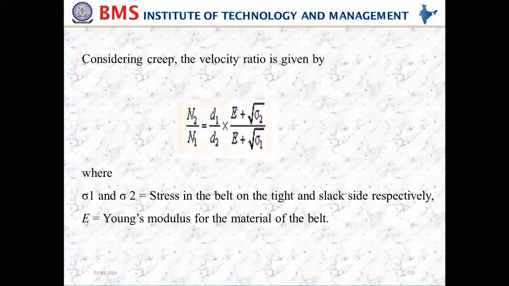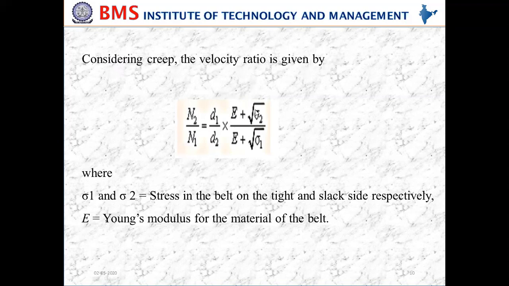If you consider creep, as we discussed, because of creep also we are going to get a reduction in the velocity ratio. So considering creep, the velocity ratio N2 by N1 is equal to D1 by D2 into E plus square root of sigma 2, where E is the Young's modulus of the material of the belt.